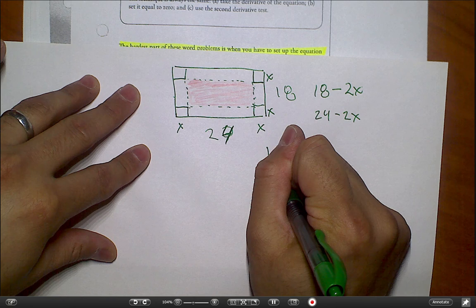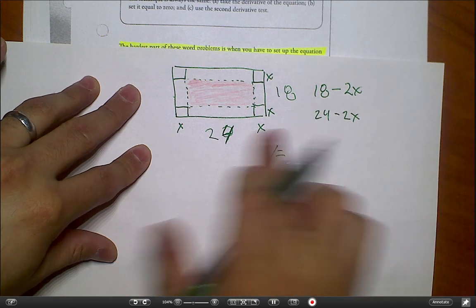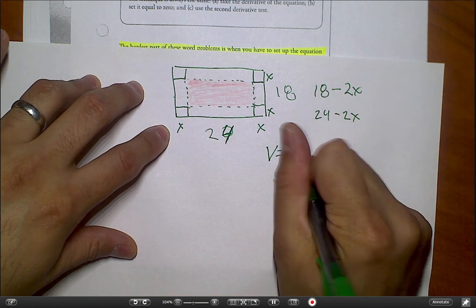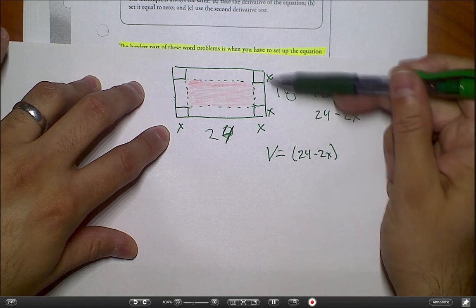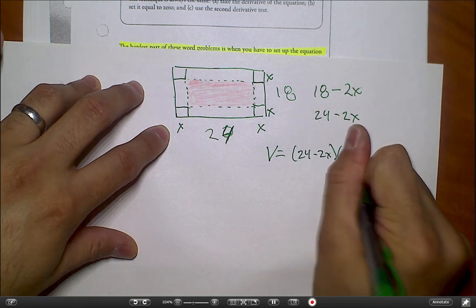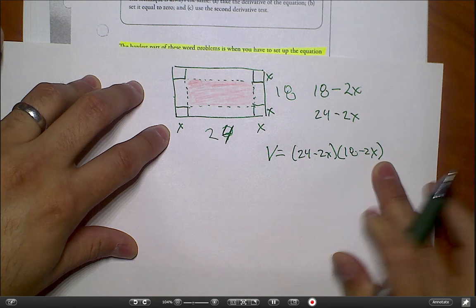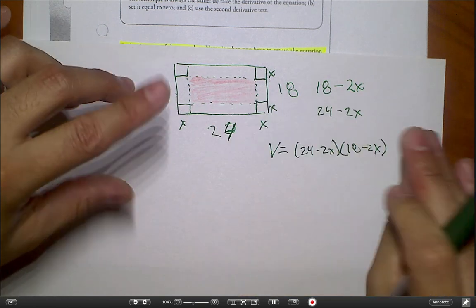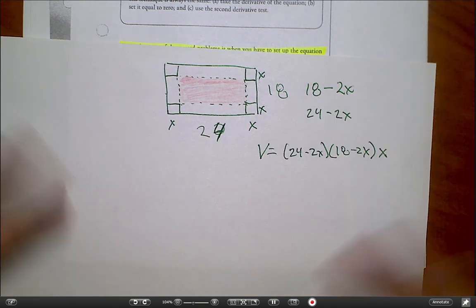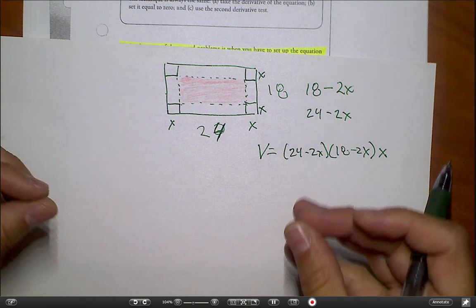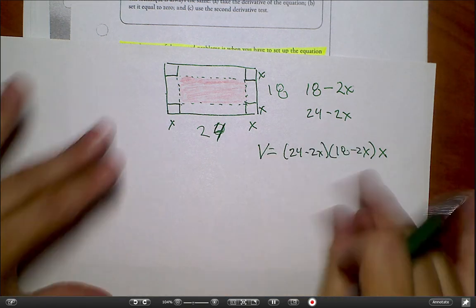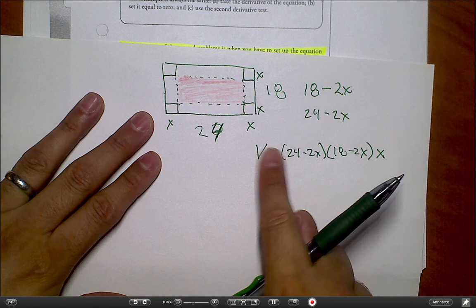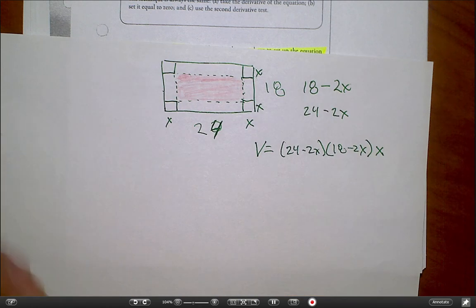Volume is equal to the length, which is 24 minus 2x, times the width, which is 18 minus 2x, times the height, which as this thing goes up is my x value, because that's the piece I cut off from both sides and folded up. Now I have an equation for the volume.